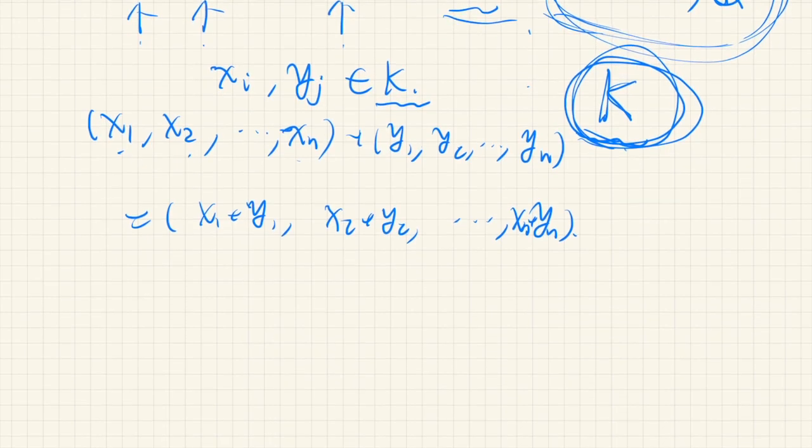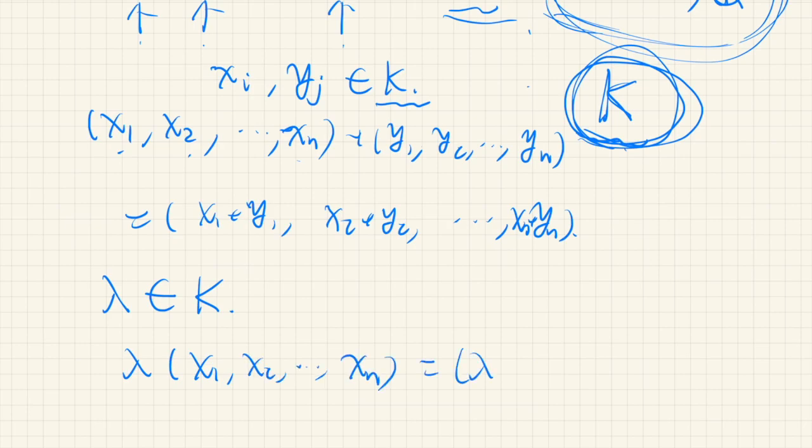And the scalar product is defined for a scalar that is an element of the field K. So in that case, lambda times x1, x2, and so on is just this. So formally, it's just the same as before, where we define vectors for real elements.